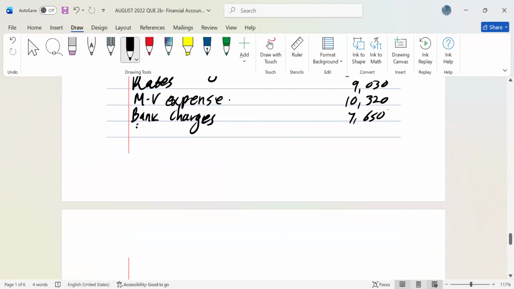General expense is how much? 4,770. How much is the loan interest?